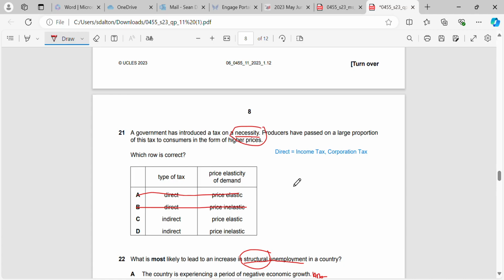Now, which one would allow the producer to pass on a large proportion of that tax value to the consumer in the form of a higher price? That would be if it's inelastic. Okay, and I'll draw this quickly just to show you. What we've got to draw here is an inelastic demand curve, and we're going to have two supply curves, shifting left because we've imposed the tax.